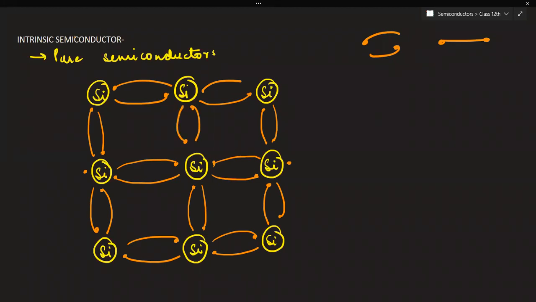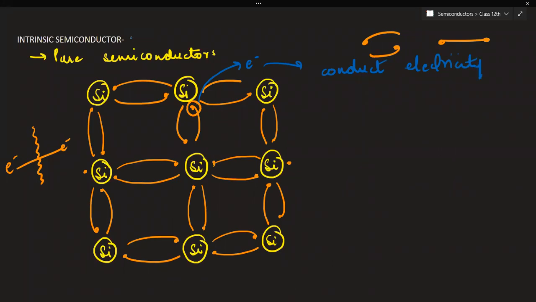Now see, intrinsic semiconductors, as I have told you, are pure semiconductors. Now, if the bond between the electrons breaks, what will happen? The electrons will conduct electricity.